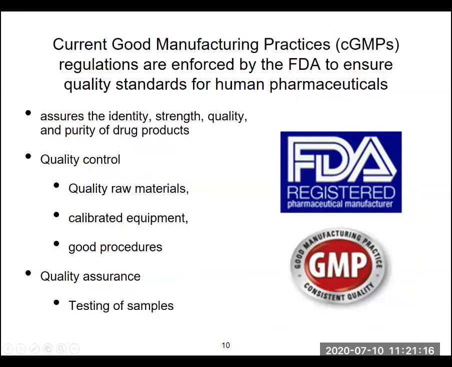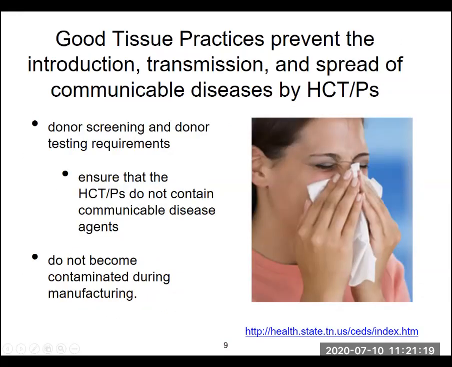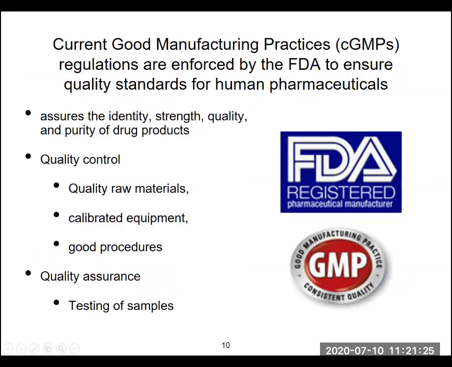Now, this is related to the good manufacturing practices. That was good tissue practices up here when we're working specifically with cells and tissues. Good manufacturing practices are basically regulations that the FDA, the Food and Drug Administration, has in place to make sure that if we're a company producing drugs, either name brand drugs or generic drugs, we're doing it in a way that ensures the identity, the strength, the quality, and the purity of the drug product.